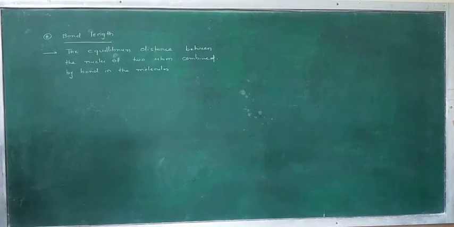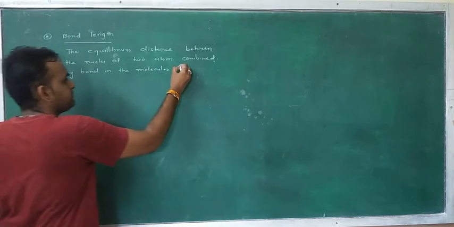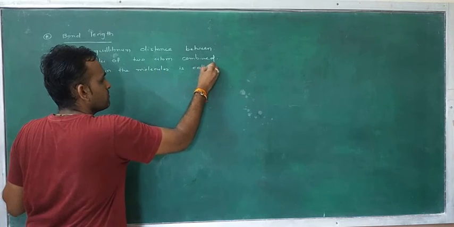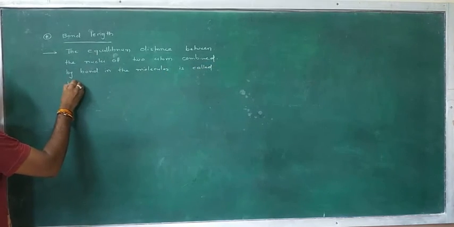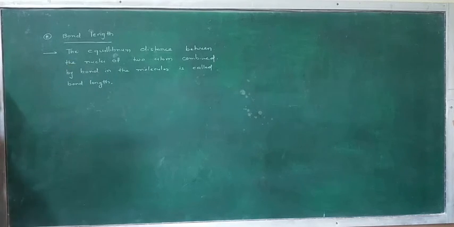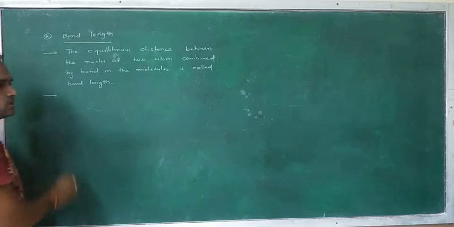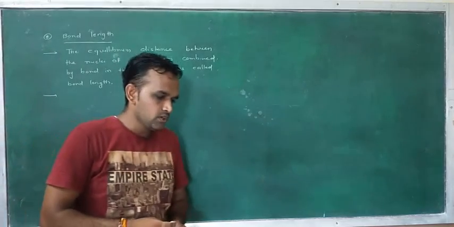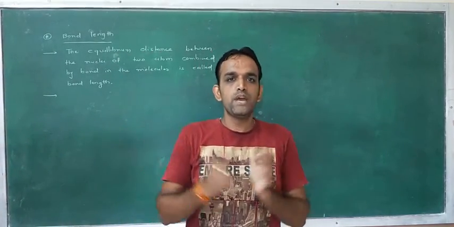Is it clear? Is called bond length. Is it clear? And if you want to find out the bond length between the two atoms present in the molecules, then you can find it out with the help of X-ray diffraction as well as the spectroscopic method.